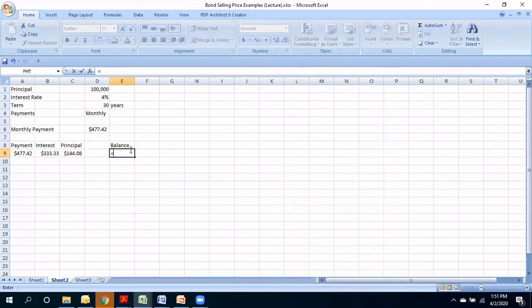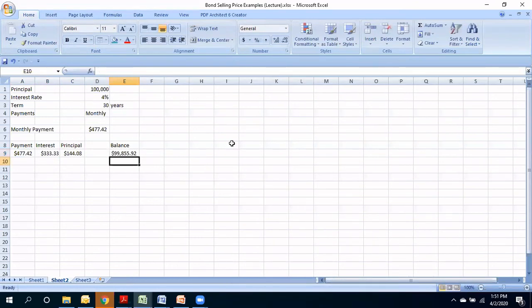When I apply that to principal, that means I take 100,000 minus what is applied to principal, and that is the ending balance that I owe. And I'm going to do this for every single payment.